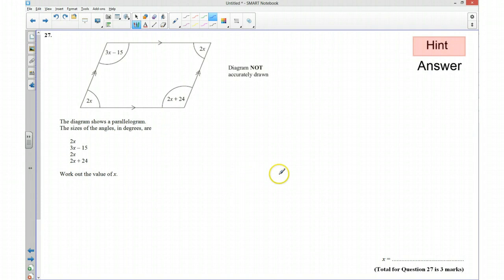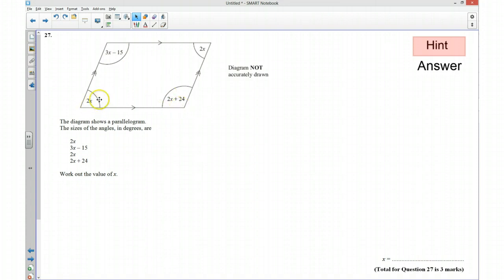Question 27. Okay, so we are given this diagram here that's a parallelogram. The size of the angles are in degrees, and we need to work out the value of x. Now, in a parallelogram, we know that the opposite angles are going to be equal to each other.